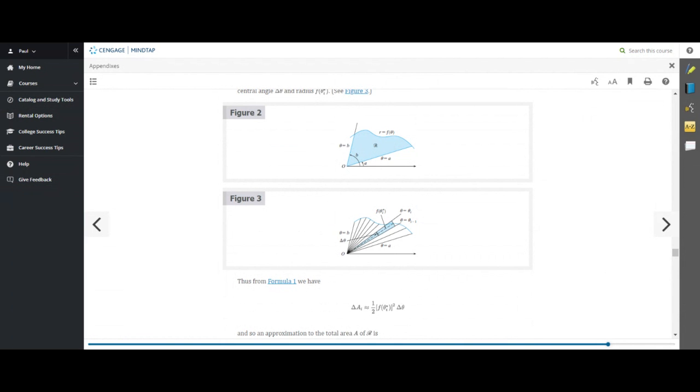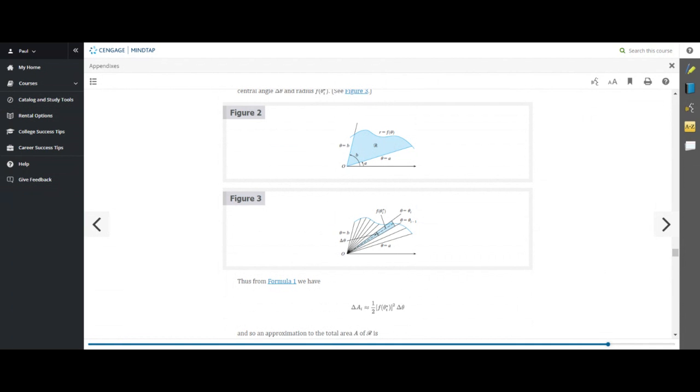We can't treat this exactly the same way. It's going to involve a Riemann sum, but we have to do things a little differently. What we're going to do is what you see in figure 3. We take the area of the region and break it up into different sectors of circles.